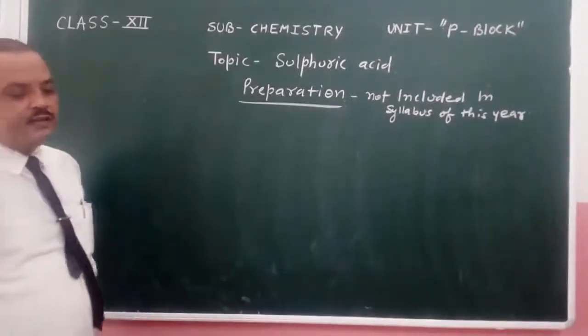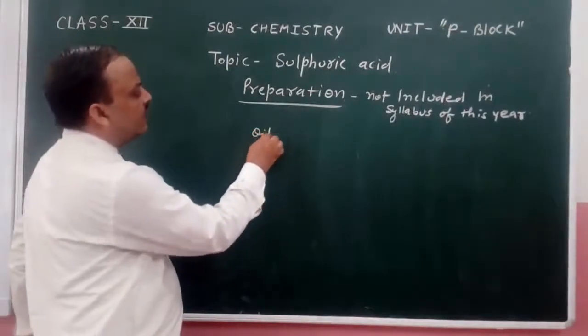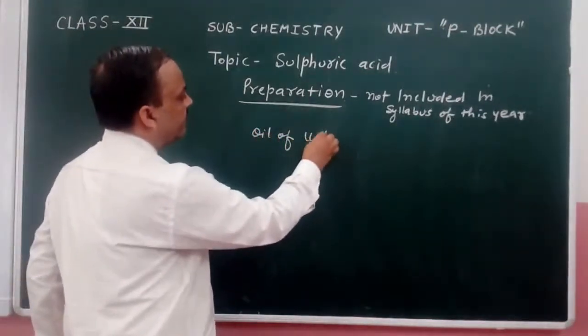The other general points: sulfuric acid is known as oil of vitriol.